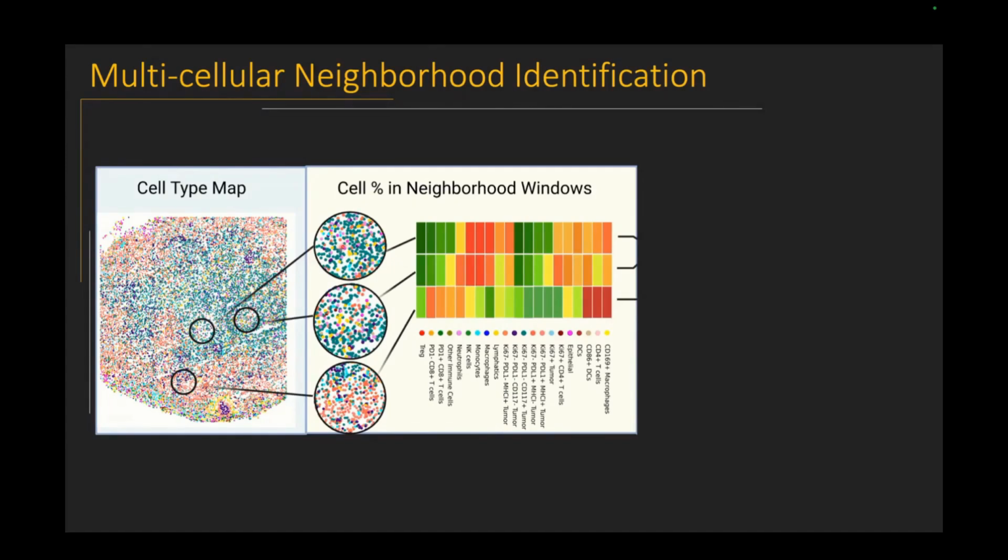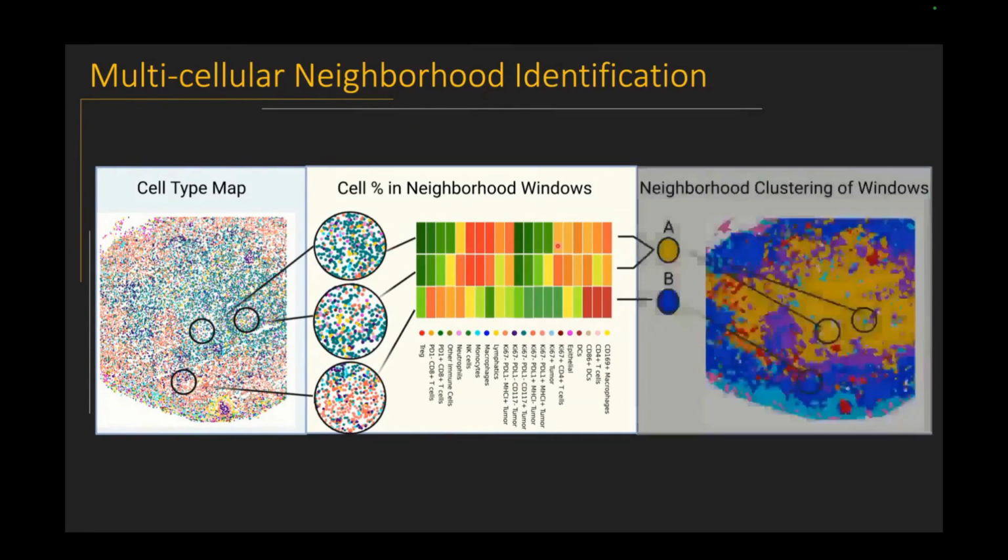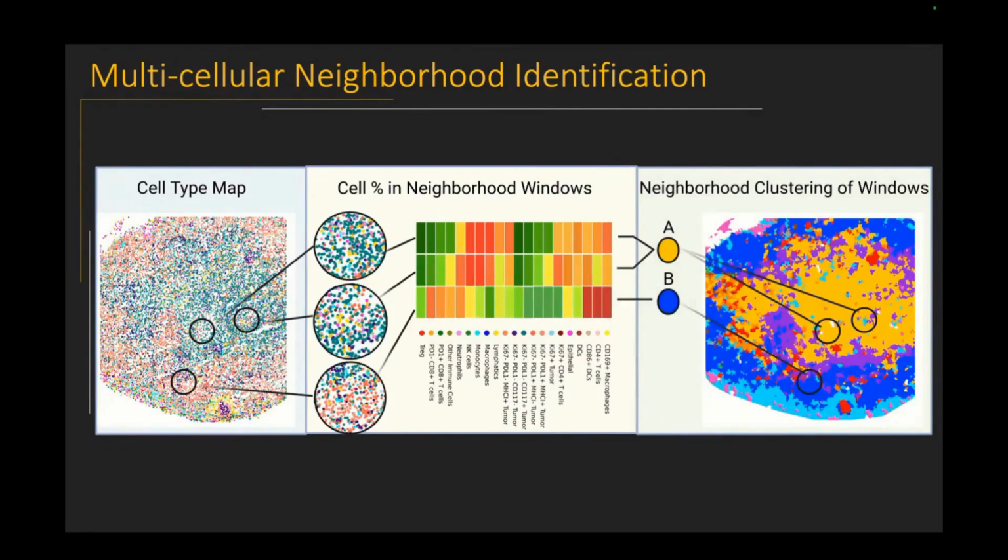And once we see what individual neighbors are around each individual cell, we count them up, we put them into a count vector, and then we use unsupervised clustering to cluster these into specific clusters that represent a cellular neighborhood, or a distinct composition of cell types, which we call cell neighborhoods.